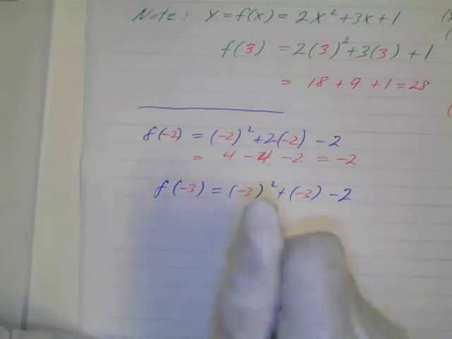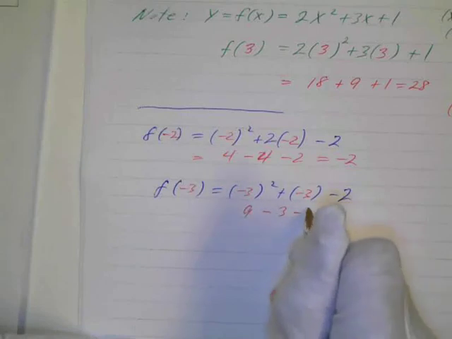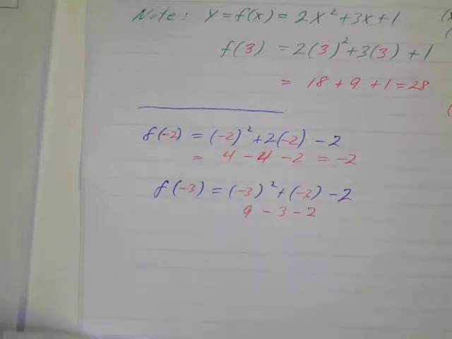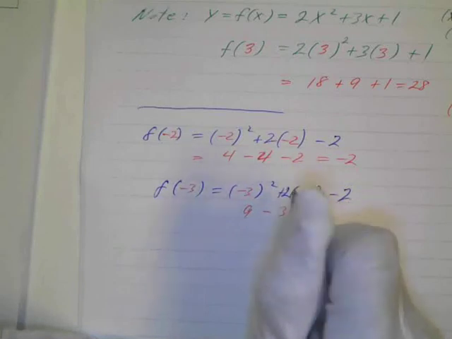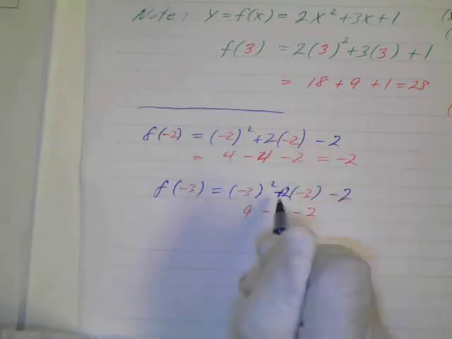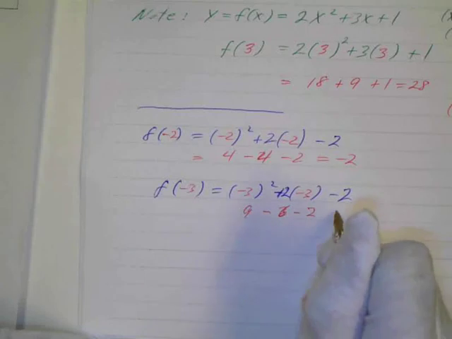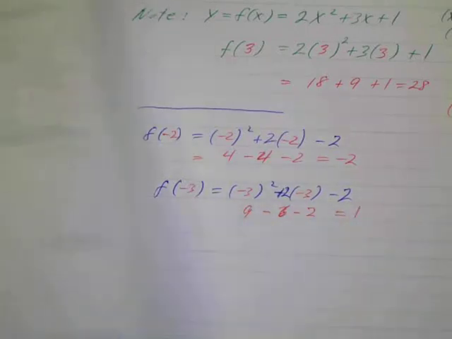That's going to be positive 9 minus 3, minus 2. Oops, sorry, I forgot the 2 here, excuse me. x squared plus 2x minus 2, so that's going to be negative 6, pardon me. And 9 minus 8 is going to be just 1, so I'm going to have a 1 there.